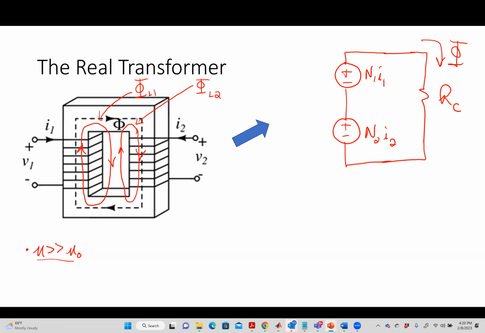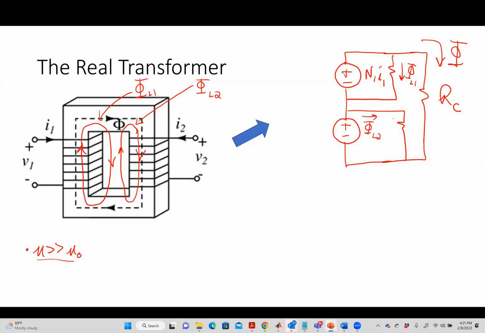Now what I add is the reluctances of those leakage paths, right? Where would they be? In parallel with the sources, yeah. So this would be phi L1. This here would be phi L2.